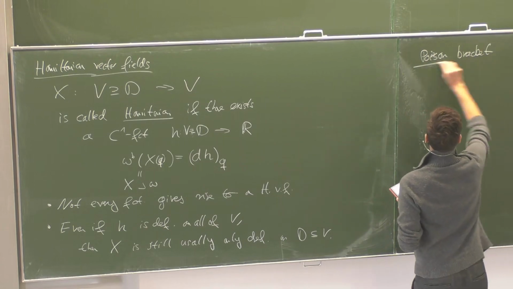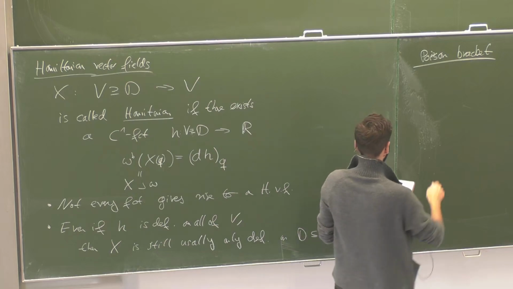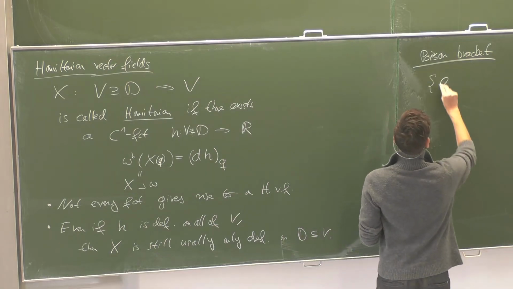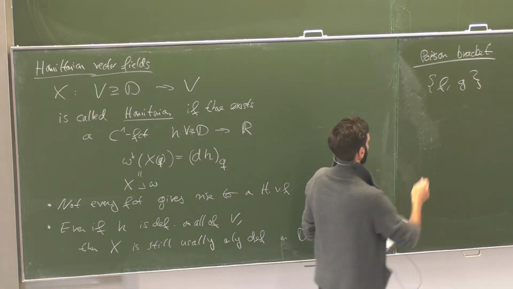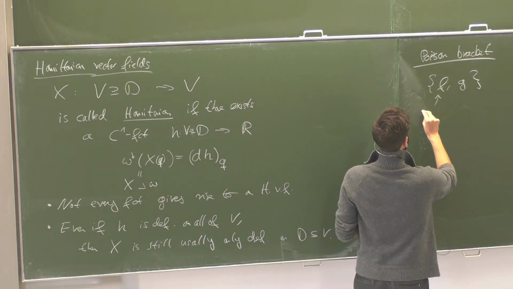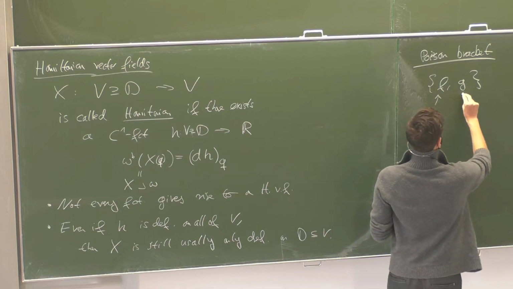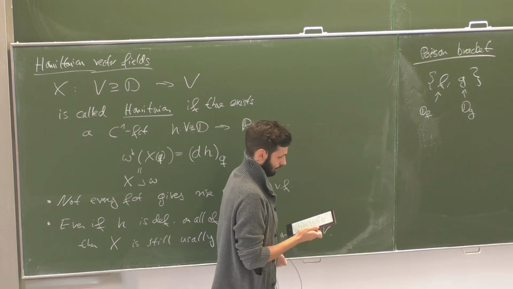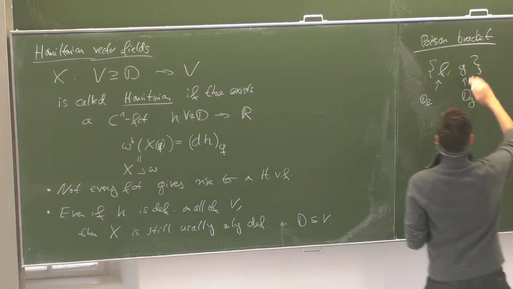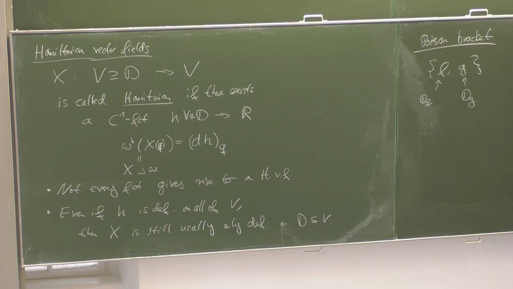The next step is that if you have f and g, two functions, here this one is defined on d of f, and this one is defined on d of g, and the Poisson bracket of these should be a function again, but it's defined on the intersection of both of these domains.